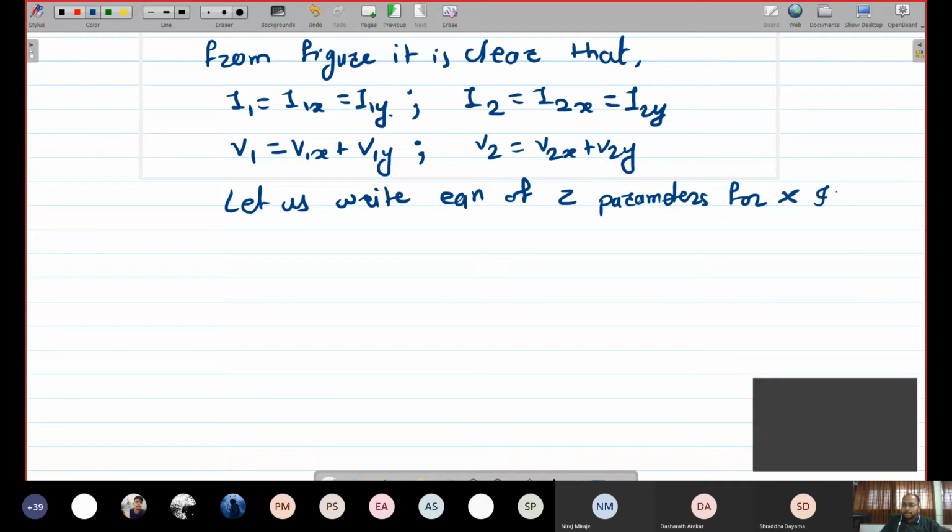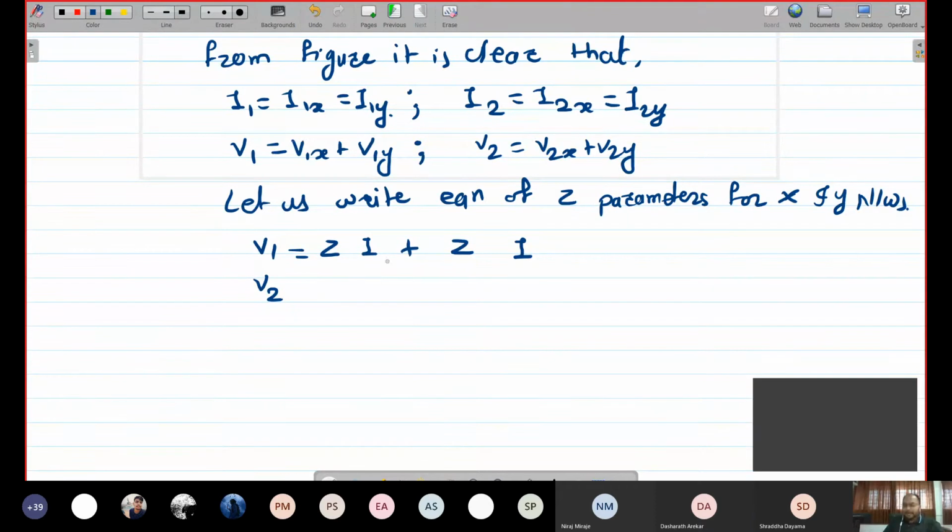So what are the equations of Z parameter? V1 and V2 at the left hand side, right? And Z multiplied with I will be at the right hand side. Am I right? Yes or no? Please respond. Yes, sir. Are these the Z equations?